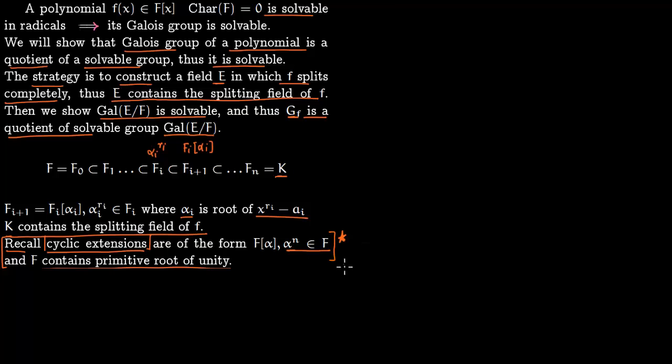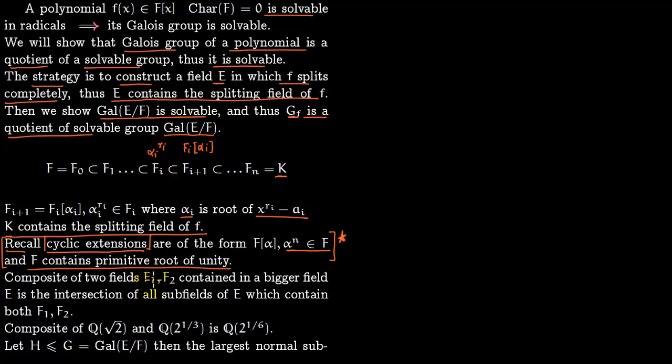Before we go any further, recall what the composite of two fields means. Say we are given two fields F1 and F2. The composite of two fields means that you have to find a bigger field E which contains both F1 and F2, and then the intersection of all subfields of E which contain both F1 and F2 is the composite of these two fields. An example would make the situation more clear.